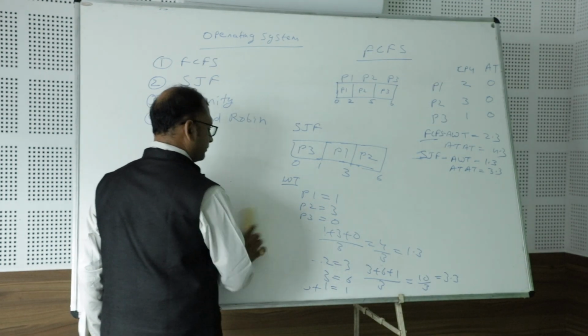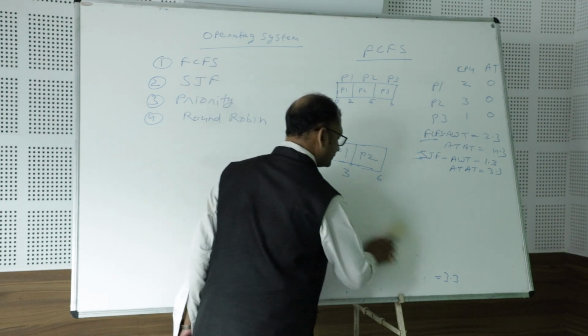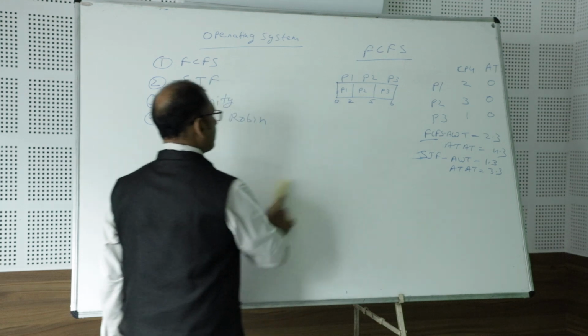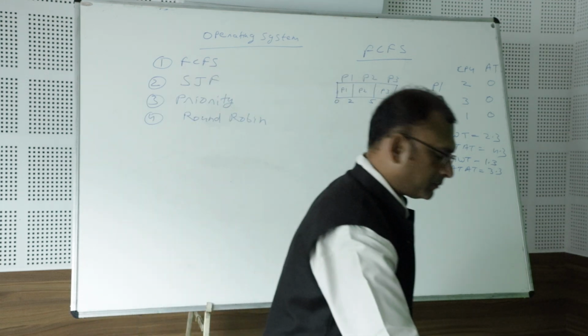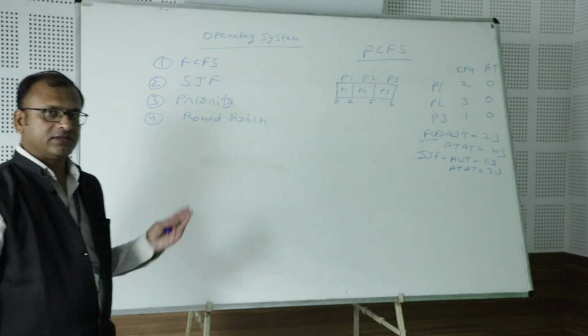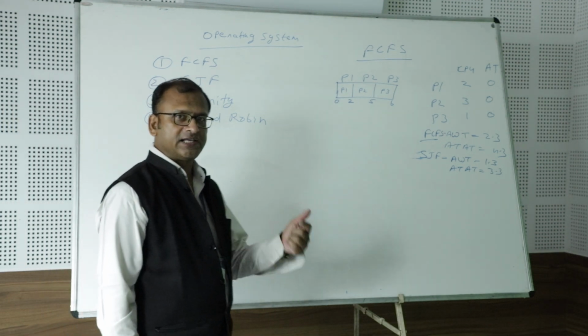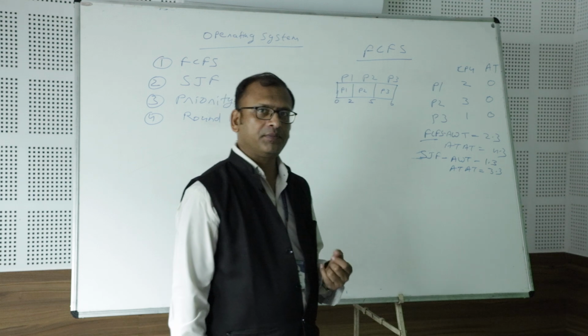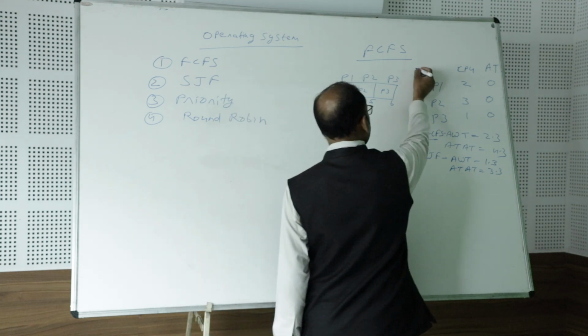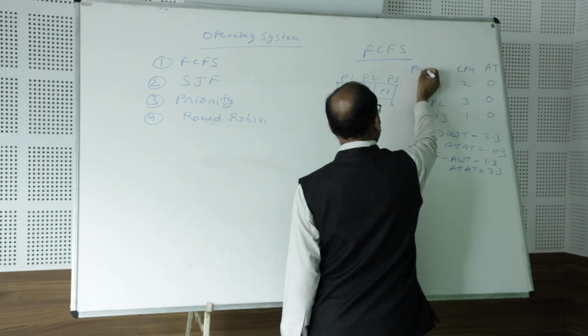Now let us see the priority scheduling algorithm. In the priority scheduling algorithm, we schedule that process first which has got the highest priority. Here the lower numbers indicate the higher priority. So assuming that the priority of these processes is like this.